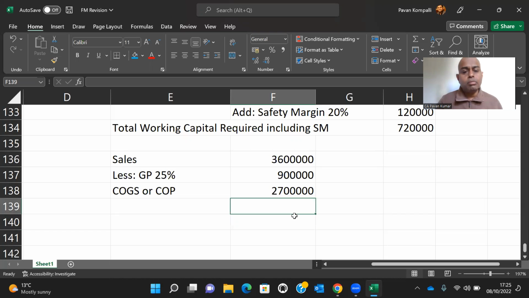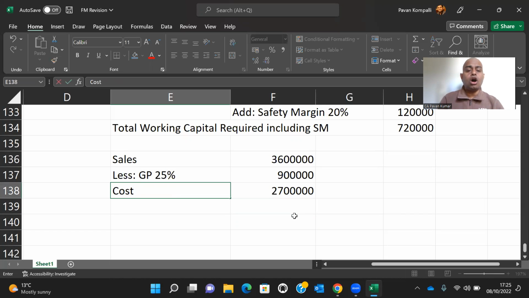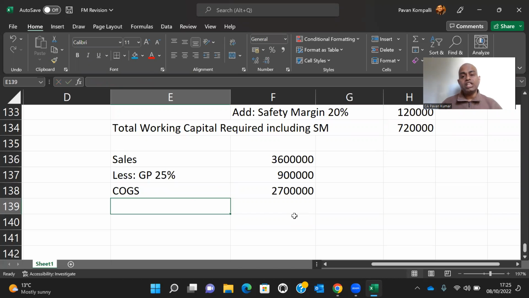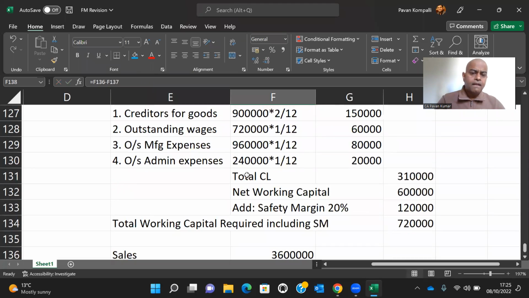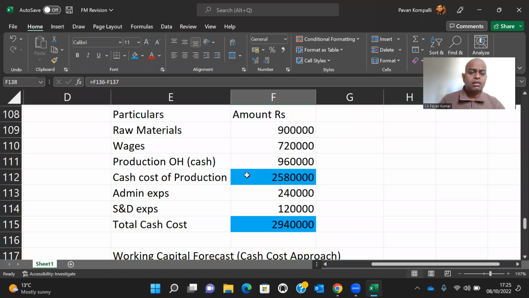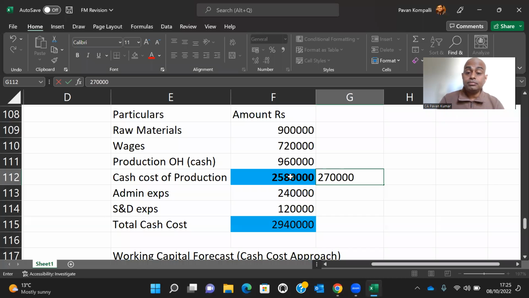Basically, cost of goods sold is nothing but cost before admin and selling expenses. When you say cost of goods sold or cost of production, it is the cost before admin and selling expenses. So here 27 lakhs is the cost. But somewhere I got 25 lakh 80,000, and in some other calculation they are saying 27 lakhs.